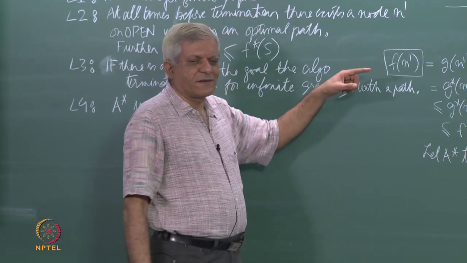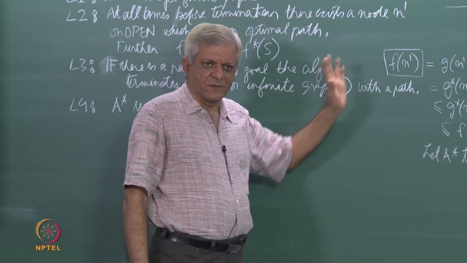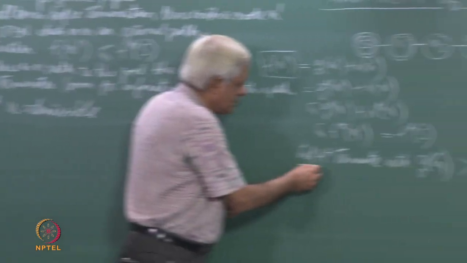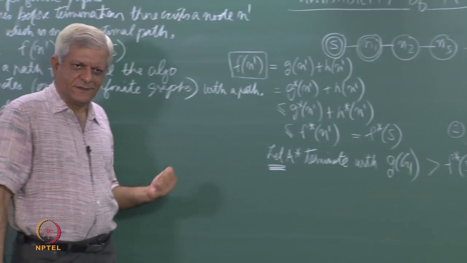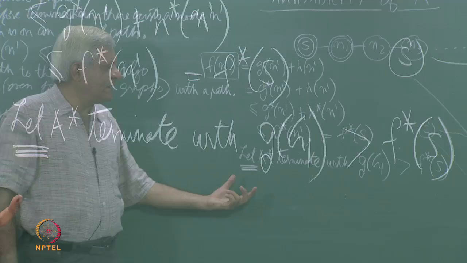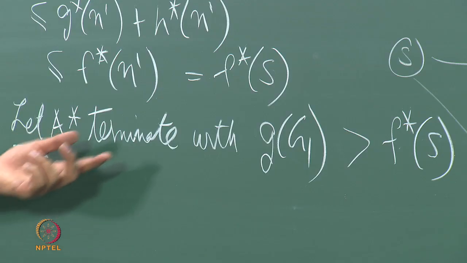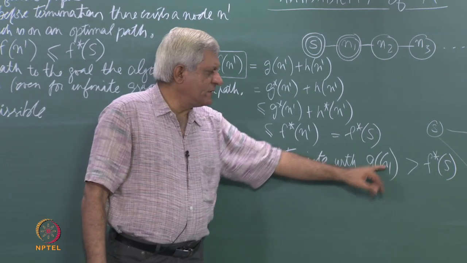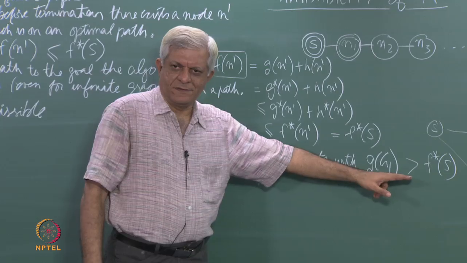Whenever we use the star, it is an optimal path, whether we know the value or not essentially. So, we are doing proof by contradiction in some sense. Let A star terminate by picking a goal node G1 whose G value is more than the optimal cost.